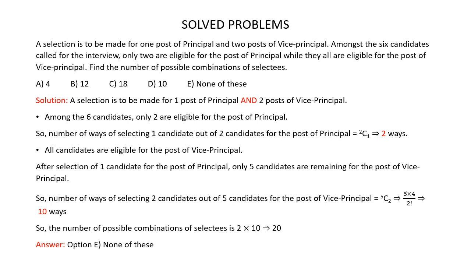Now it's given that among the 6 candidates called for the interview, only 2 are eligible for the post of principal. So number of ways of selecting one candidate out of 2 candidates for the post of principal is given by 2C1, which is nothing but 2 ways. Now it's given that all the candidates are eligible for the post of vice principal.